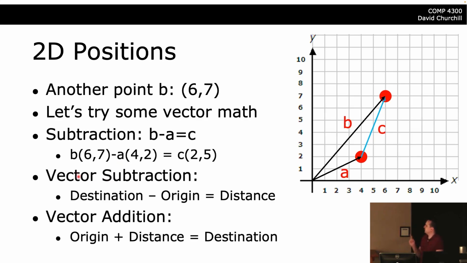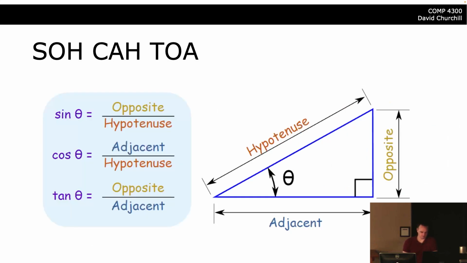So vector subtraction, if we take destination minus origin, so here, for example, if our destination is B, we take B minus A, that is the distance in both x and y from A to B. And vector addition, origin plus distance equals destination. So origin A plus C, which is this sort of distance vector, will get us back to B. So those are useful things that we can use in here.